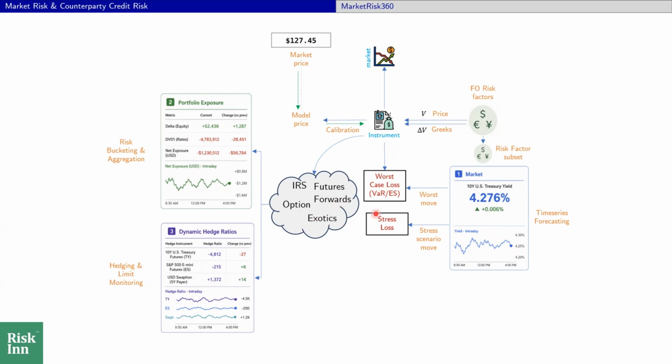So that's risk management. And once we have a handle on the sensitivities and the type of losses that we are looking at, here is the dashboard. This shows you the portfolio exposure under different important sensitivities that are important for the risk manager or even the CRO.